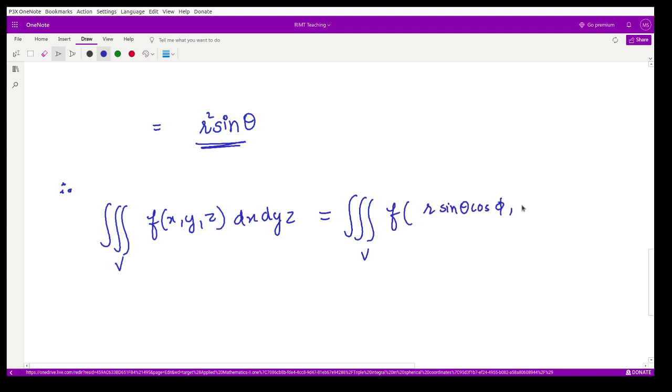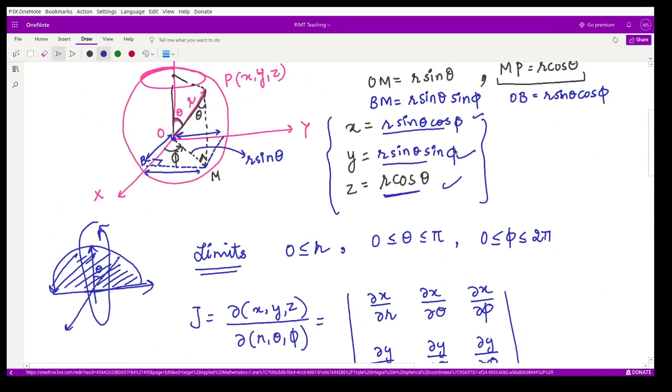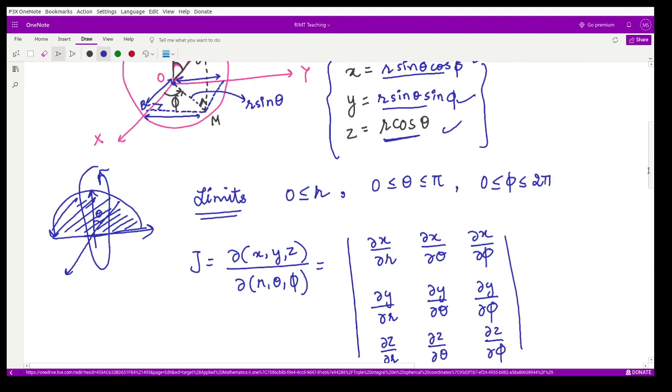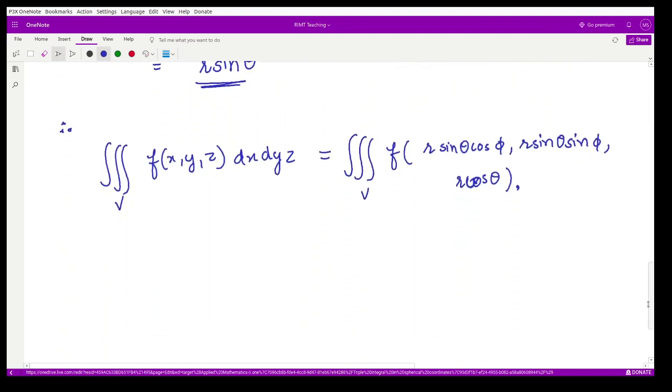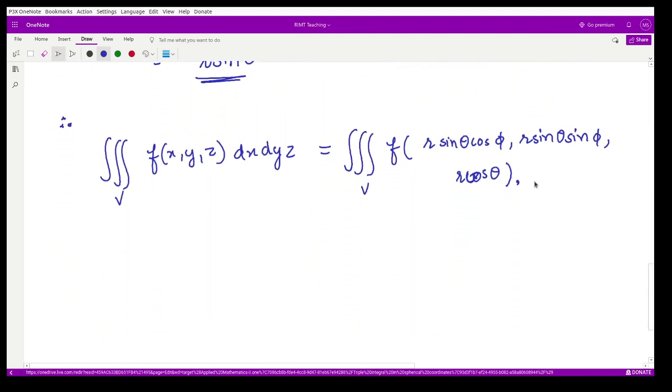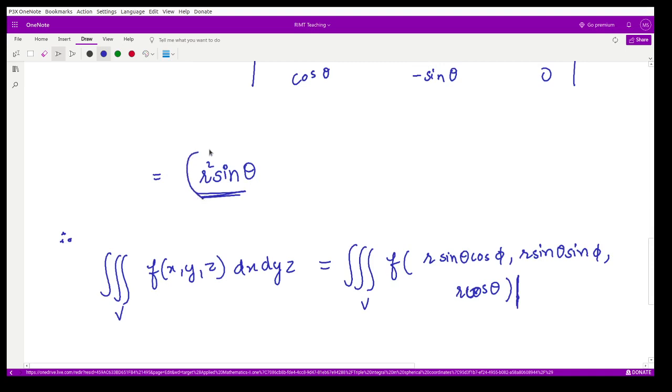Instead of y, you will write r sin theta sin phi, and instead of z, you will write r cos theta. These come from the relationships between r, theta and phi that we have defined. So we have just substituted their values, and instead of dx dy dz we have the value of the Jacobian as r square sin theta.